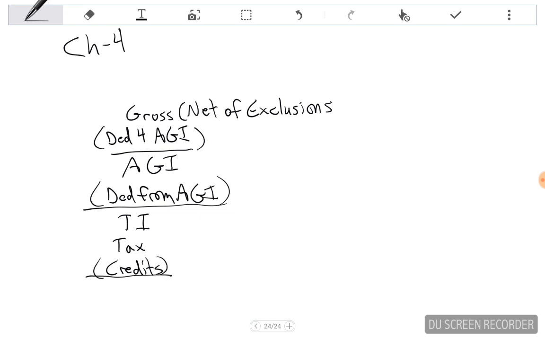And then that'll give us a tax due if it's a positive number. If it's a negative, it's a refund. We never show negative on the tax return if it's a refund. We just put it on a different line on the tax return.